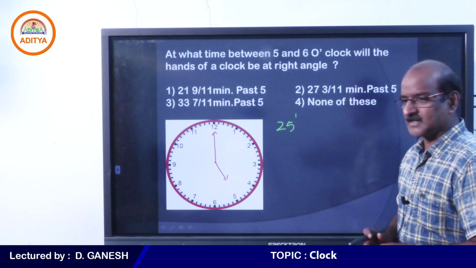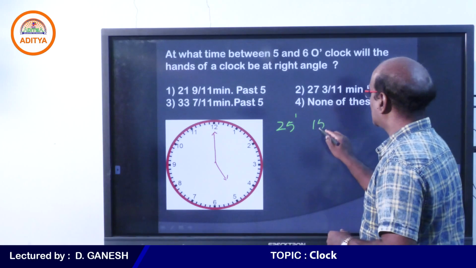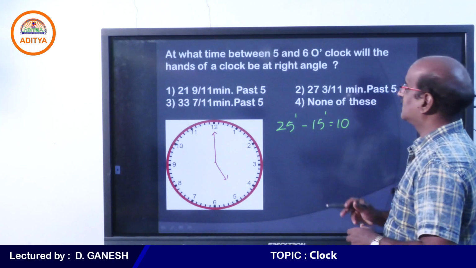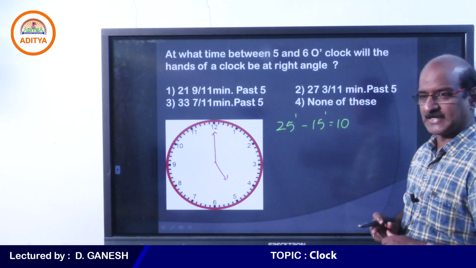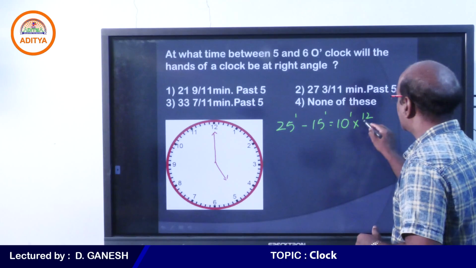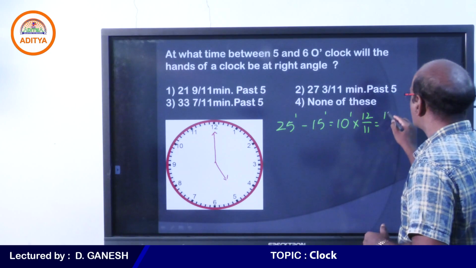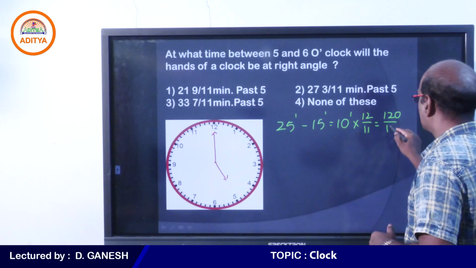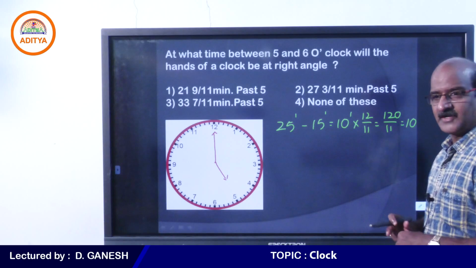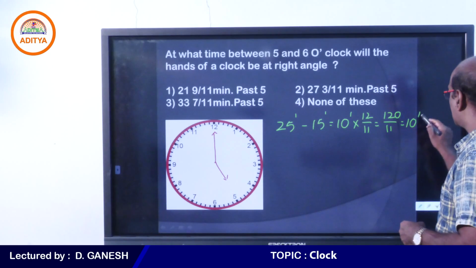To be at right angles, we need to have a gap of 10 divisions, which means the minute hand has to move 10 divisions from its actual place. For moving 10 divisions, how much time does it take? 12 by 11. 120 by 11. How many times does 11 cancel? 10 times. 11 into 10, 110. So how much are you left with? 10.